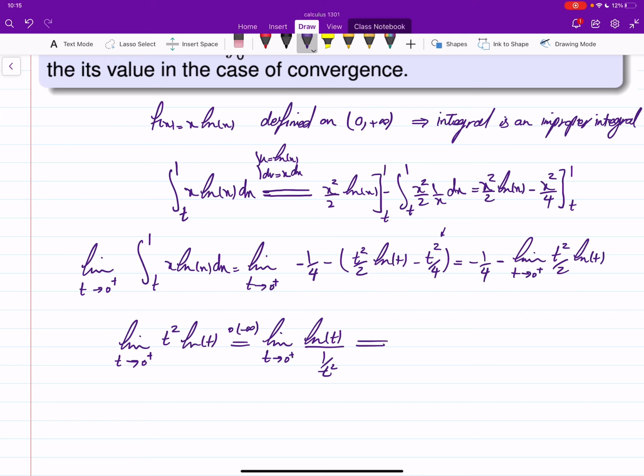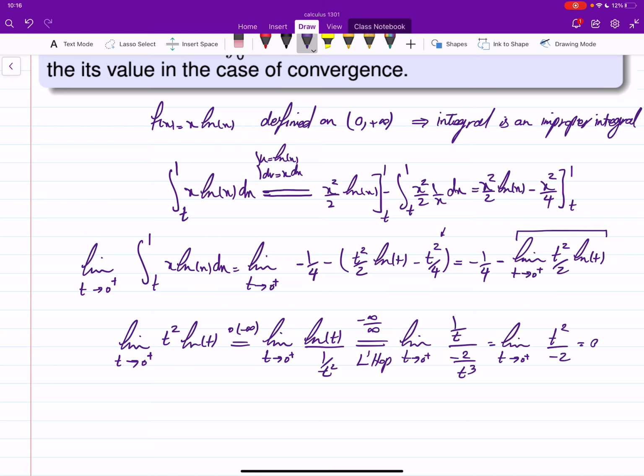That way we get negative infinity over infinity, and we are allowed to use L'Hopital. L'Hopital tells me that this is 1 over t divided by negative 2 over t to the power 3 as t goes to 0 plus. This is the same thing as t squared over negative 2, which goes to 0. So this part also is going to give me 0.